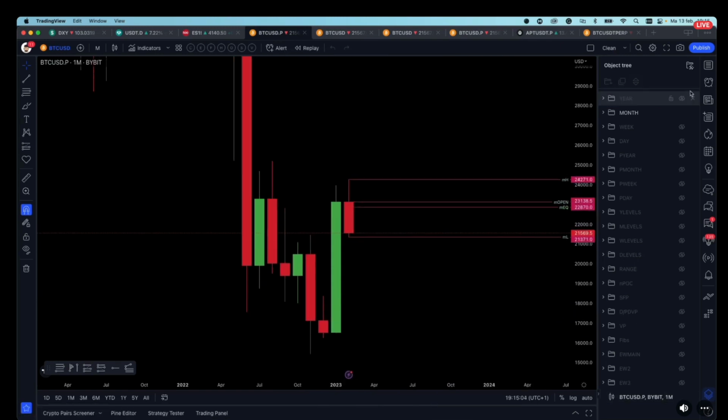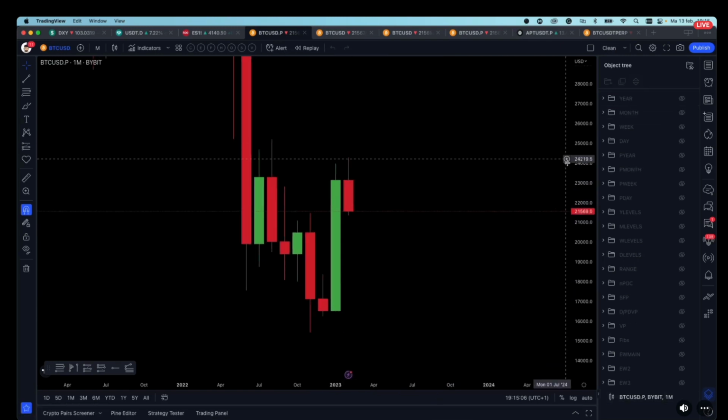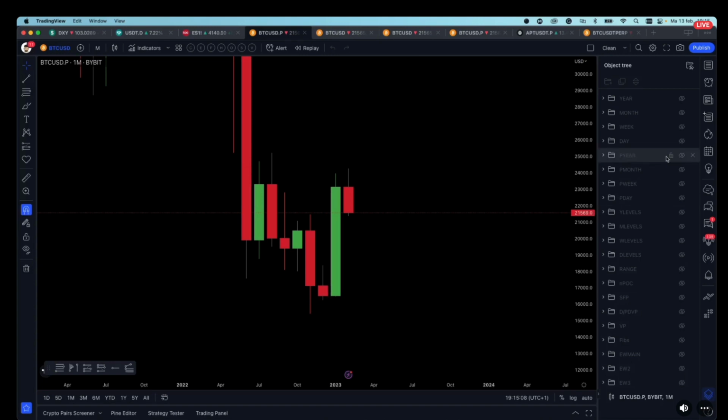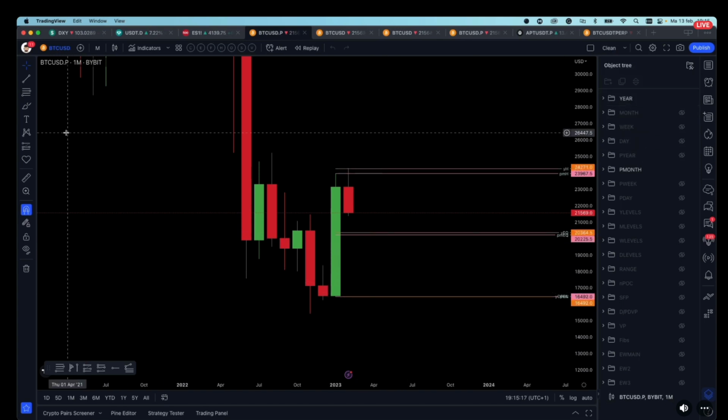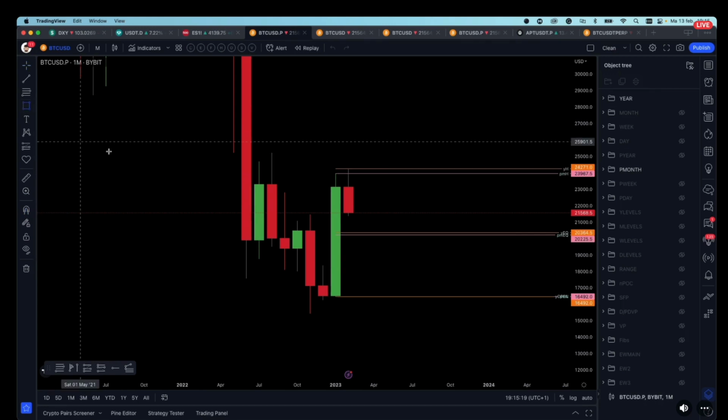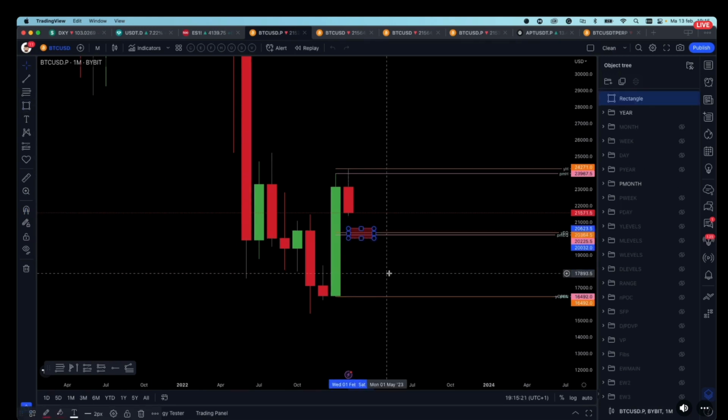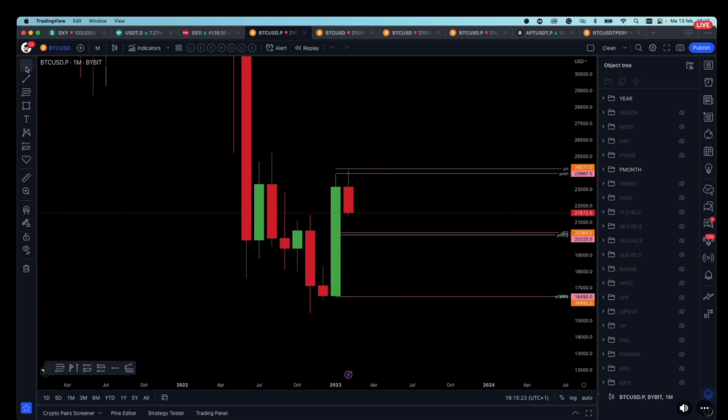Monthly open, so that I have on the monthly time frame. Then I go to the previous month EQ. And if I then add my year, sorry, you can see that we have huge support here. So it's a previous monthly EQ, and it's a yearly equilibrium too.